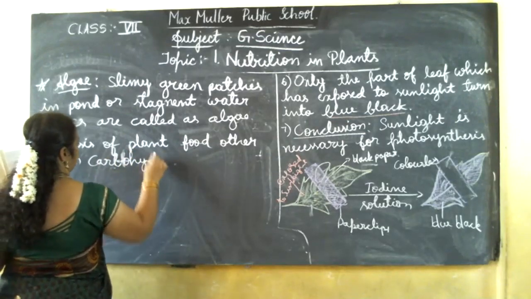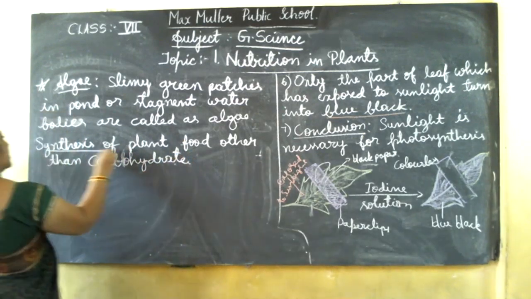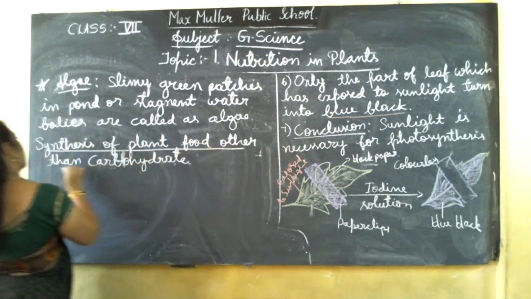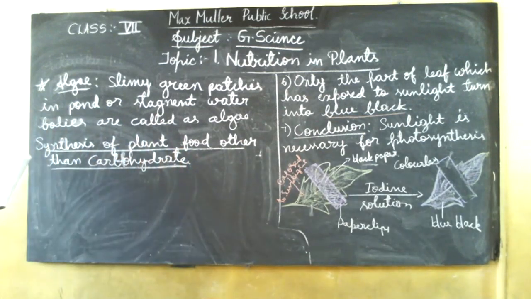Carbohydrate they prepare in the photosynthesis process, but other than carbohydrate, many other vitamins, proteins and minerals are also prepared. How is it preparing them?